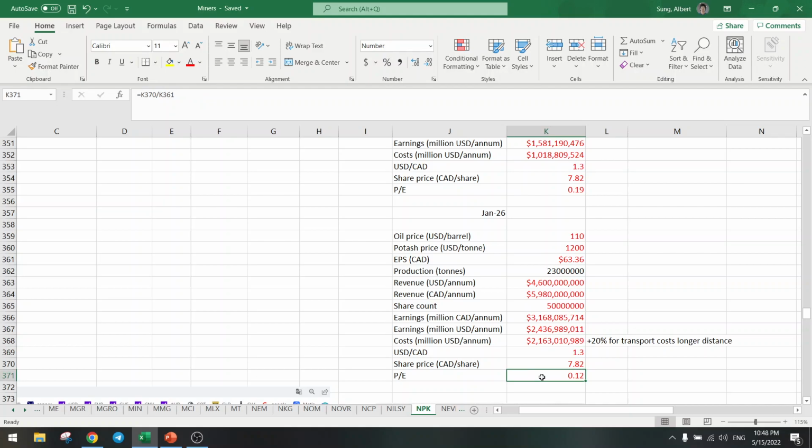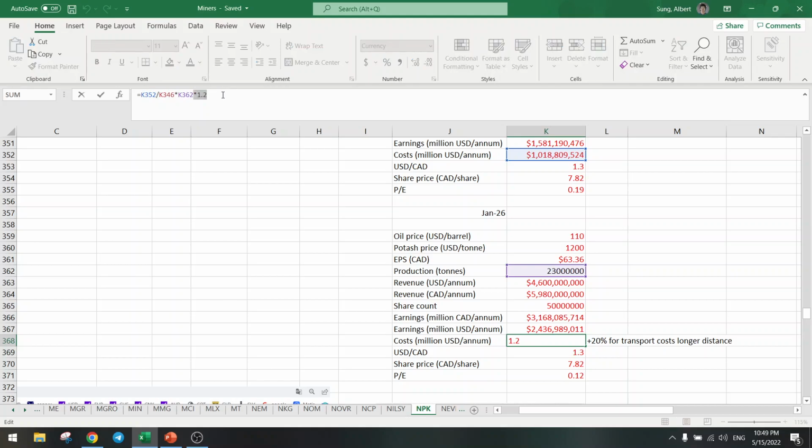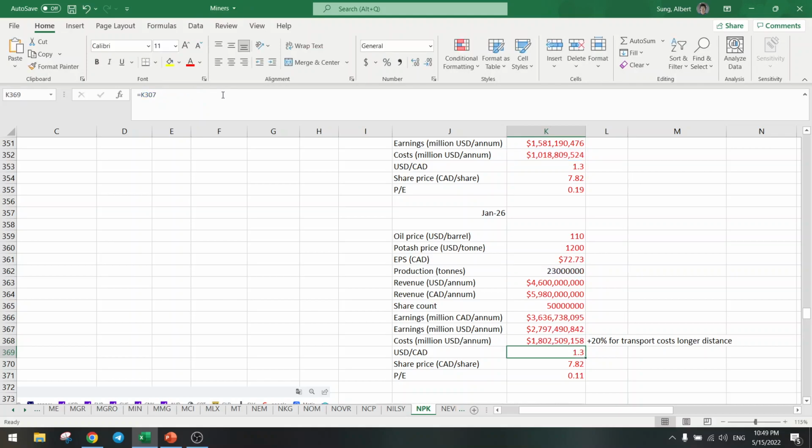But the PE is still 0.12. If we delete this, I can show you. 0.12 is going to 0.11. It's tiny. Okay, so the change in PE ratio is really small. Let's put it back. And we're at 0.12 again.